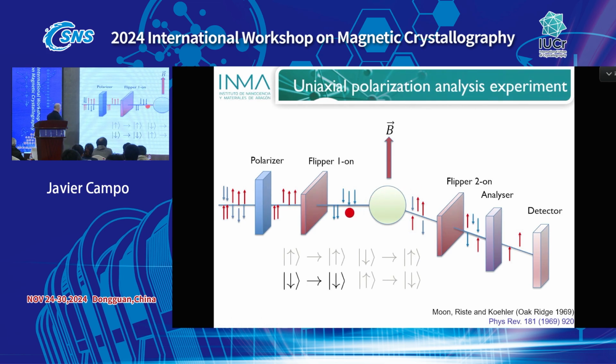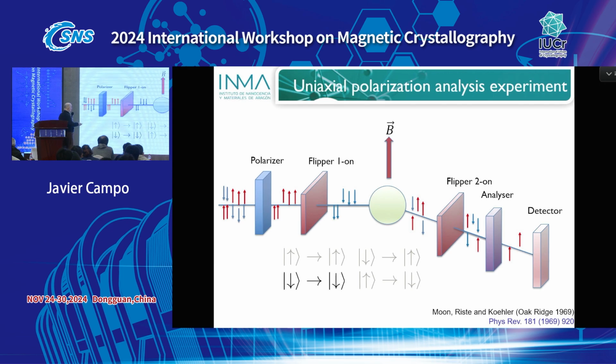And if I put it on, the sample will receive neutrons spin down, and the detector will receive neutrons spin down. And this, by using one polarizer here and one analyzer in front of the detector, and by using two flippers, I can choose the different states of polarization, plus or minus, up and down.